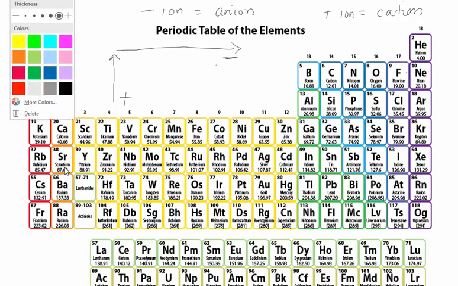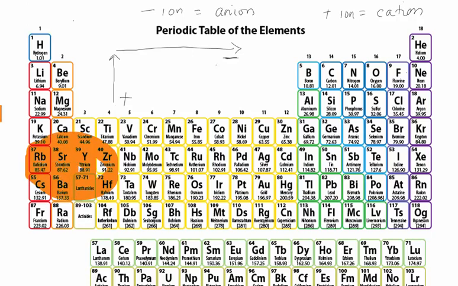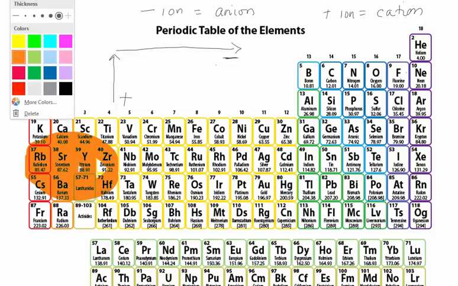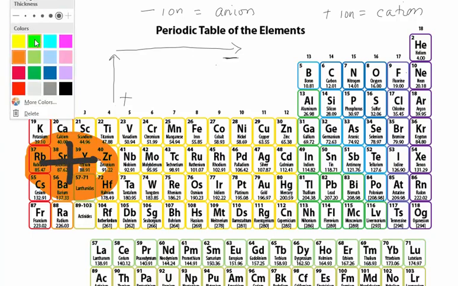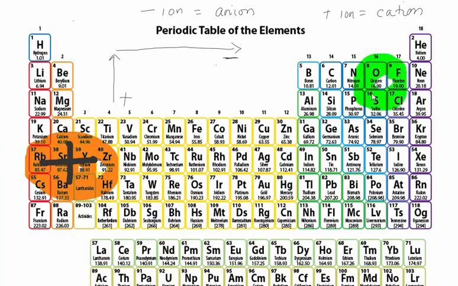On the periodic table, that means these are going to be more likely to be cations. So we're going to put a big old plus, a big plus here. And that means that our anions are more likely to form right here. So that will come into play very, very soon.